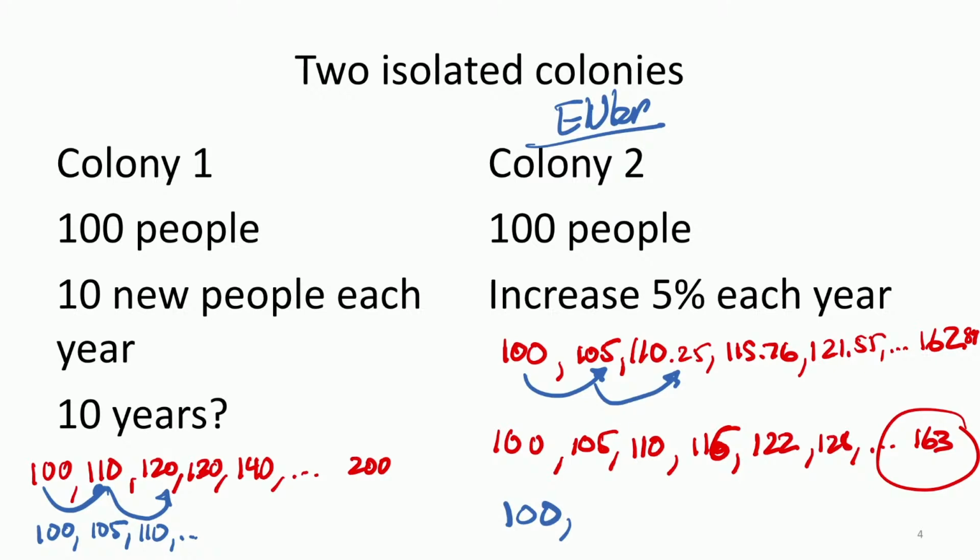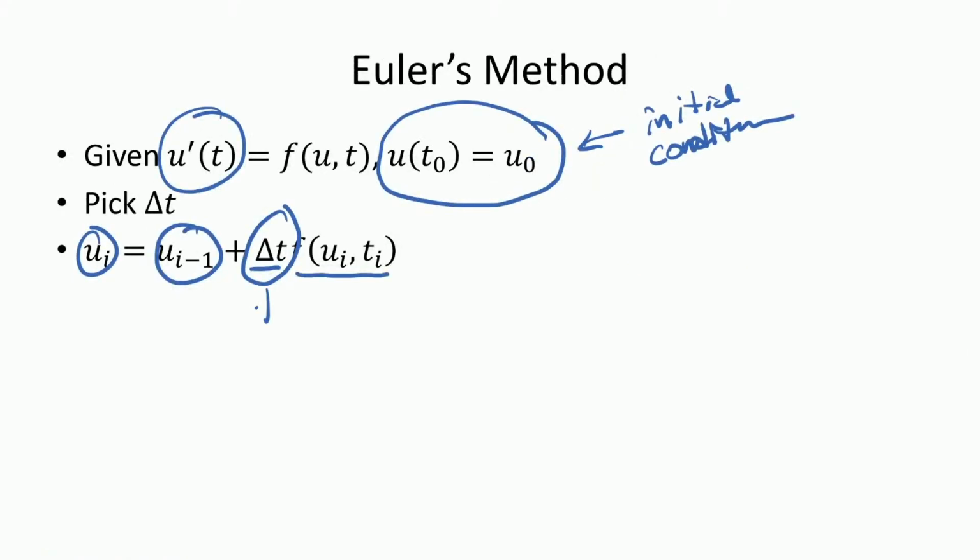Start with 100, and then you'd have 102.5, because you're going half a year, and half of a 5% increase is 2.5, and so on. So that might be closer to making a good prediction for the future. But that's what that delta t is. That's the step size. And as you can imagine, the smaller we make the step size, the closer we're going to be to the truth.